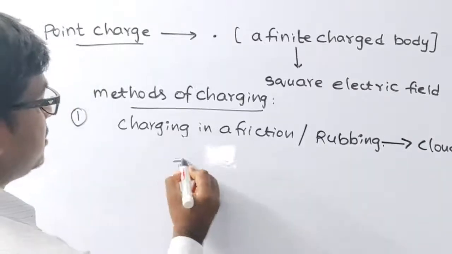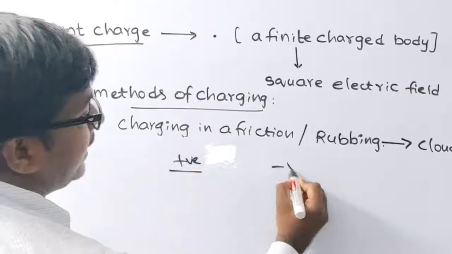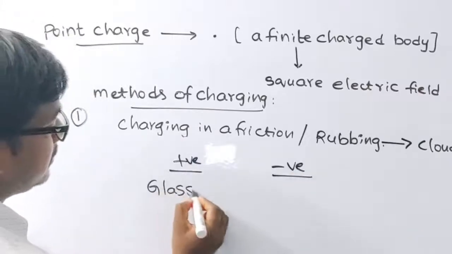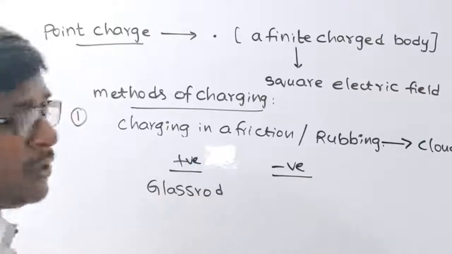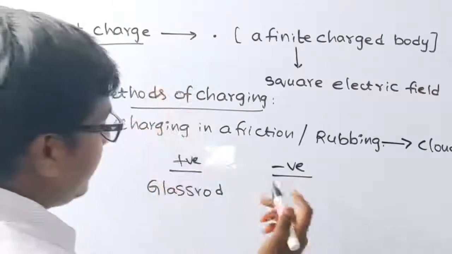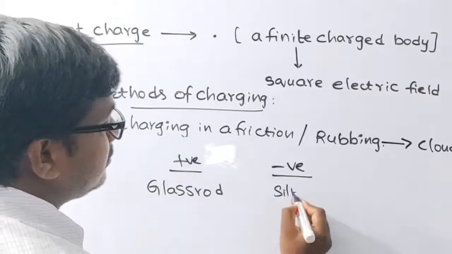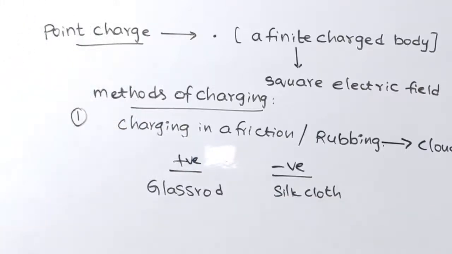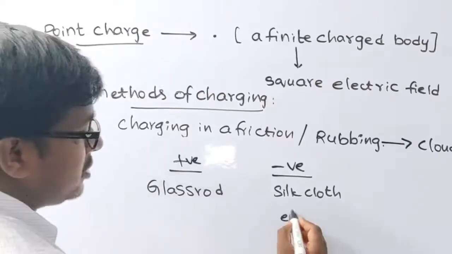First, glass rod is the positive charge and silk cloth is the negative charge. Next, the ebonite rod is a negative charge.